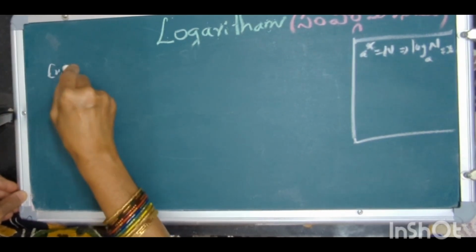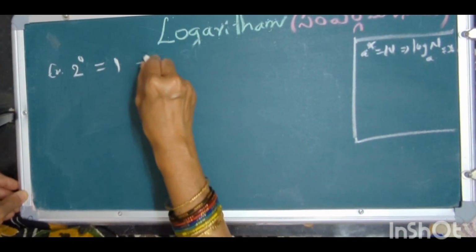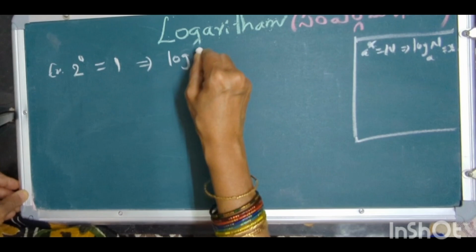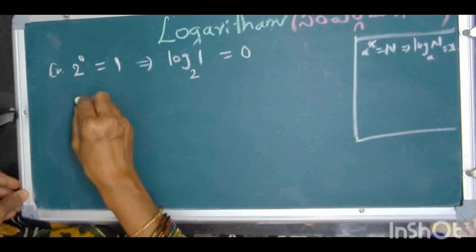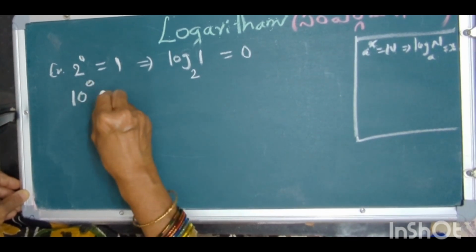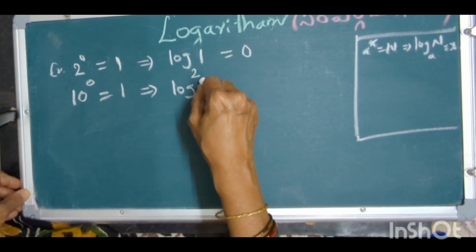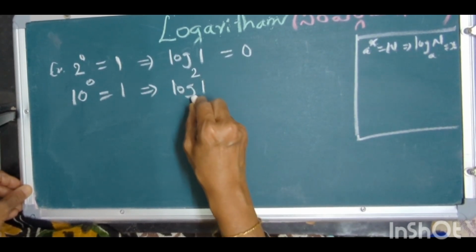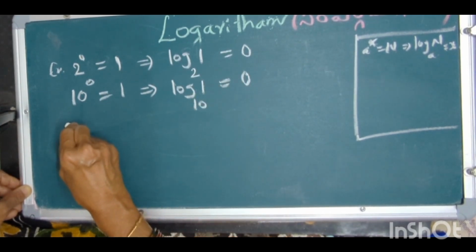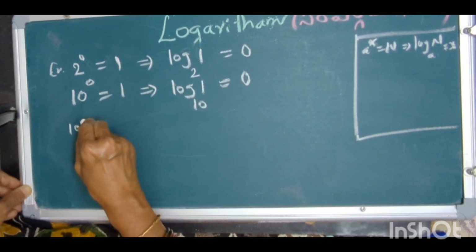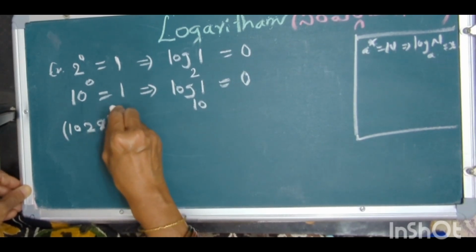For example 2 to the power of 0 is equal to 1. So if we represent in the logarithm form, logarithm of 1 base 2 is equal to 0. Suppose 10 to the power of 0 is equal to 1. In place, logarithm of 1 base 10 is equal to 0. Suppose 1028 to the power of 0 is equal to 1.